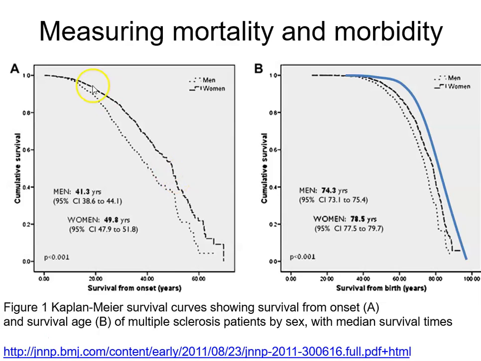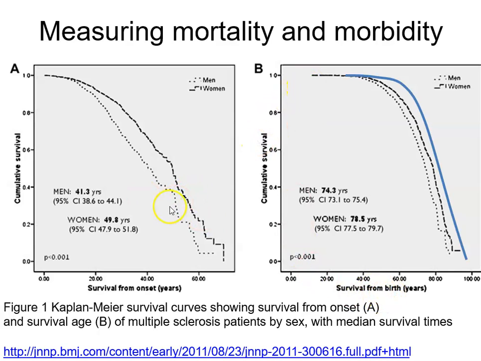Now that doesn't hide the fact that some patients will die very soon after diagnosis, and some patients will die many decades after diagnosis. And this chart actually illustrates cumulative survival from birth.